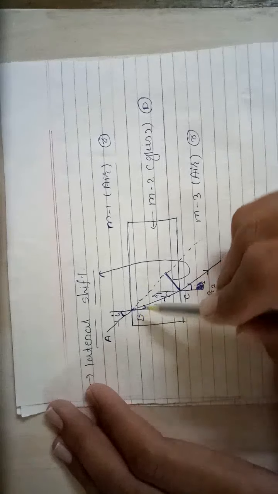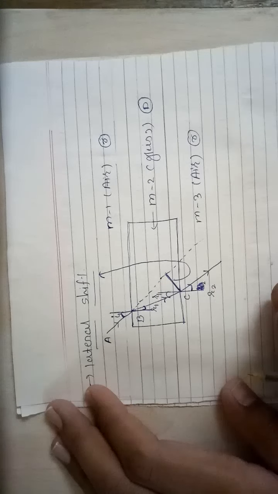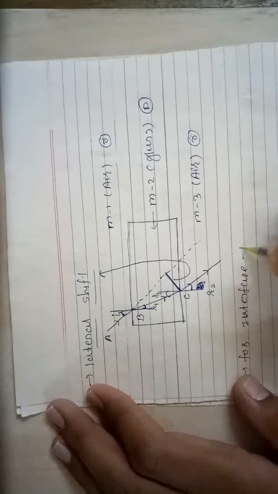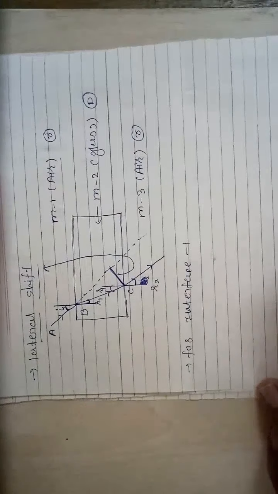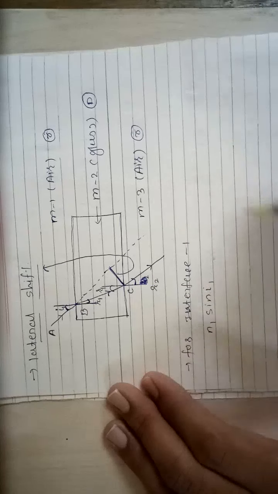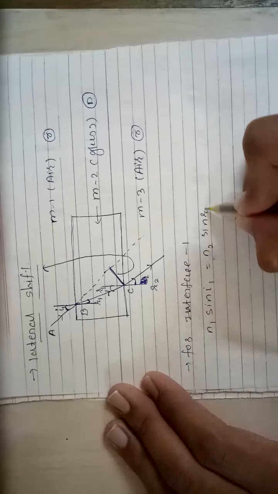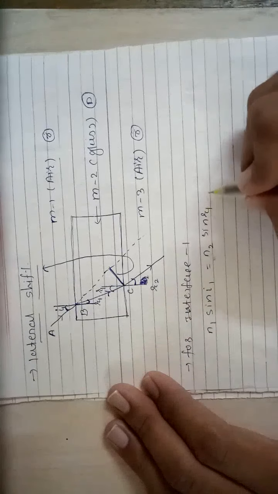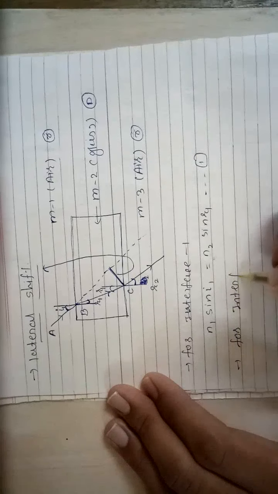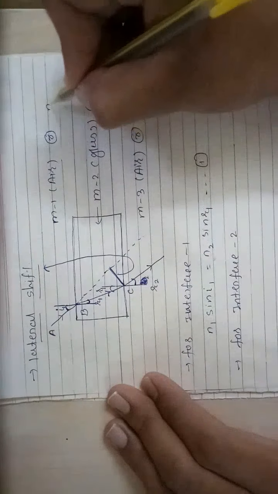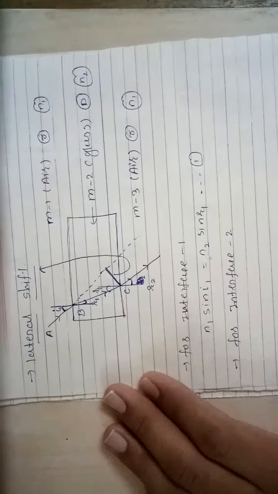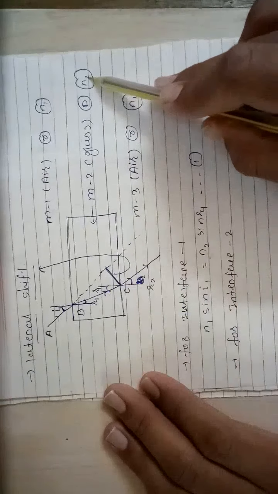Here from the figure, for interface 1, if we use Snell's law, theta 1 is I1 and theta 2 is R1. So N1 sine I1 is equal to N2 sine R1. This is our equation number 1. Now for interface 2, instead of N1 we have to write N2.